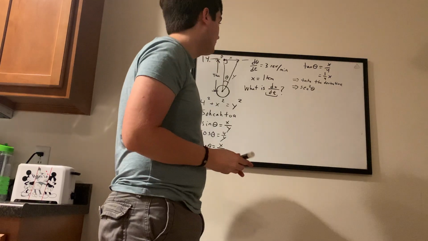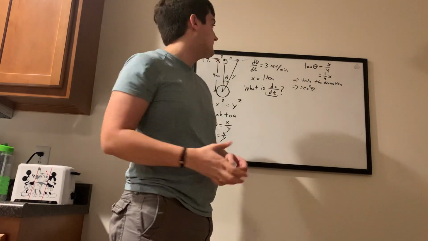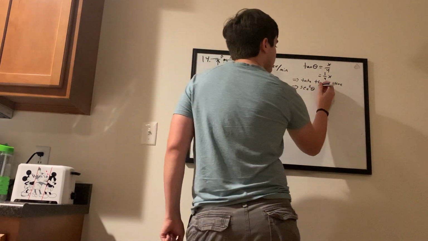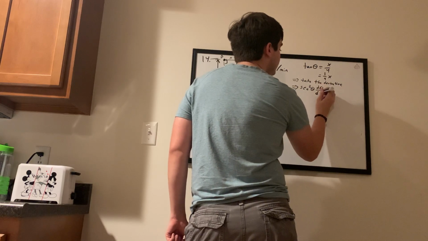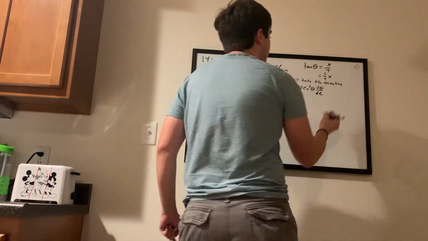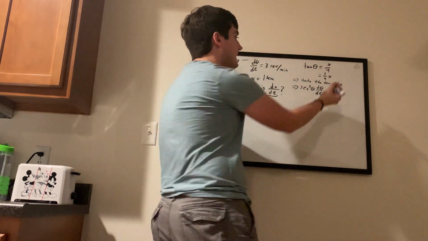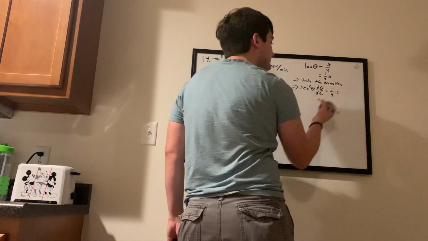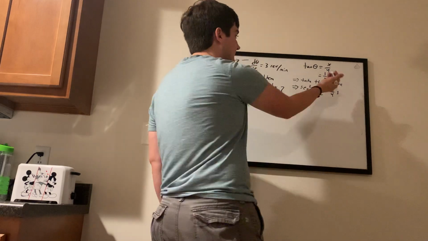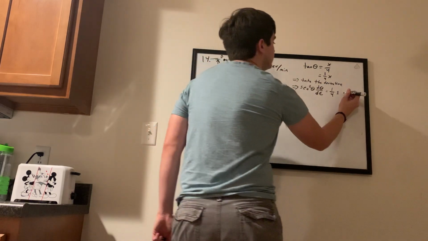But of course, we're working in terms of related rates, so I'm going to have d theta over dt involved. And this is going to be the same thing as 1/4 times the derivative of x, which is 1, times the derivative of x with respect to t, dx over dt.